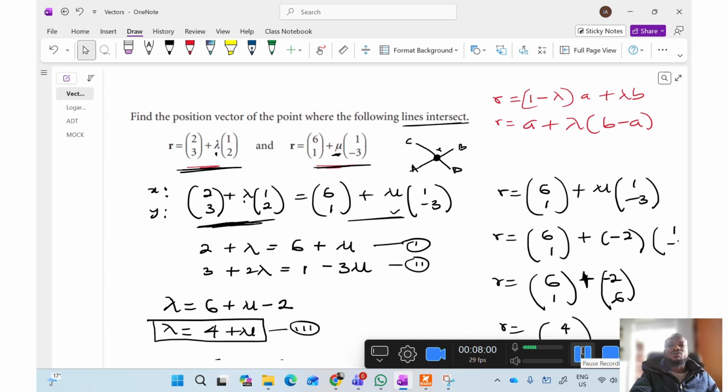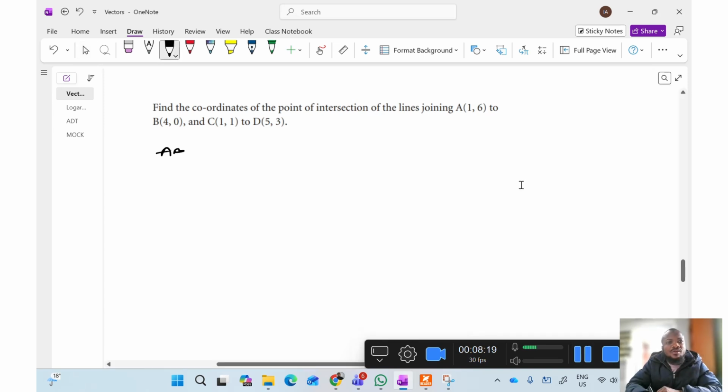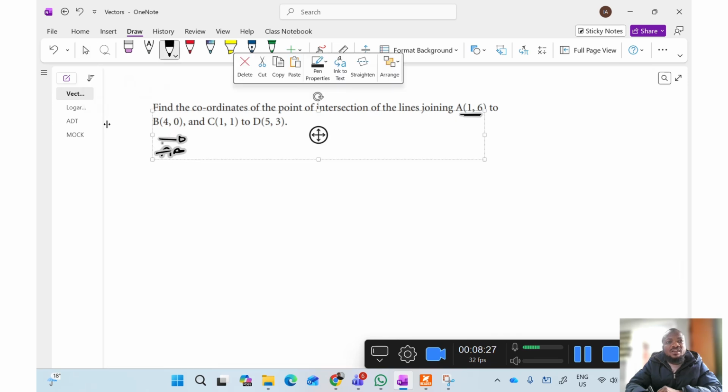I hope this is well understood. Now the next example. Find the coordinates of the point of intersection of the lines AB and CD. Very easy. So the first thing to find is the vector equation of the line AB. Since we have the position vectors A and B, we can find AB.